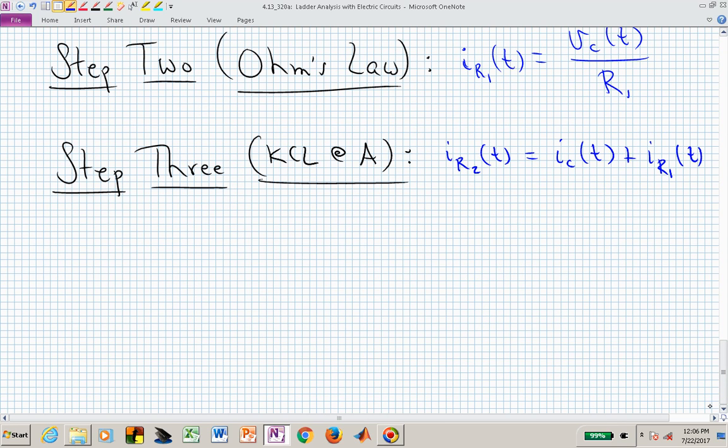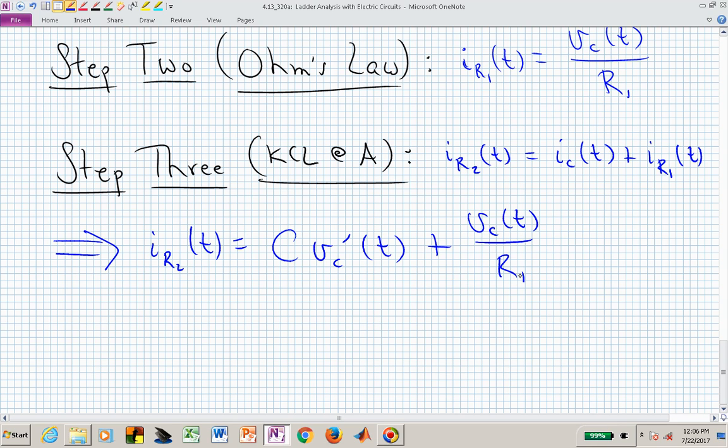And as we said, we want to rewrite that in terms of the output voltage and its derivatives or linear combinations of those, so that now I sub R sub 2 of t is I sub C, but that's C V sub C prime of t, plus I sub R1, and that's V sub C of t over R sub 1. And so we've met our obligation.